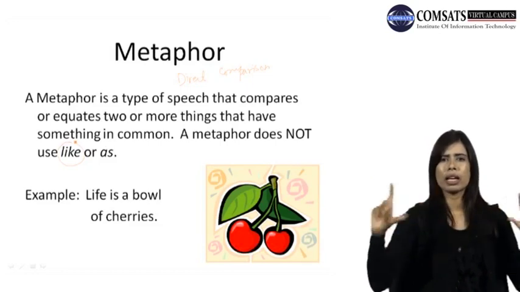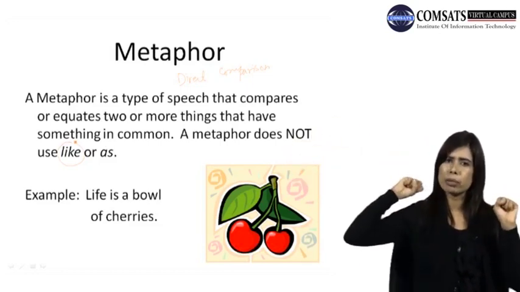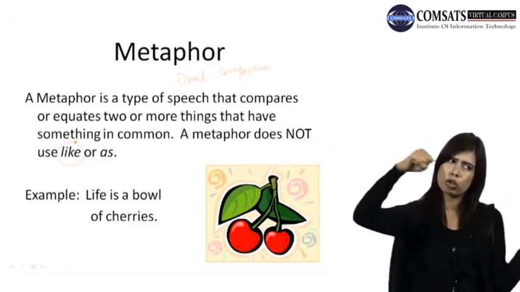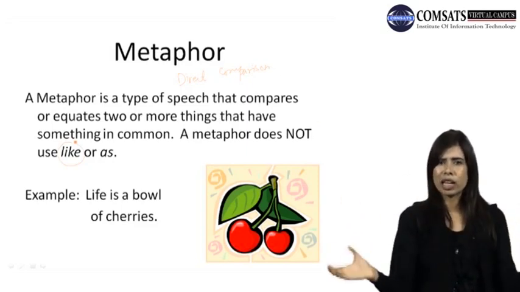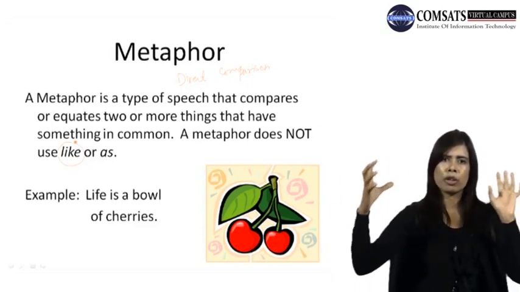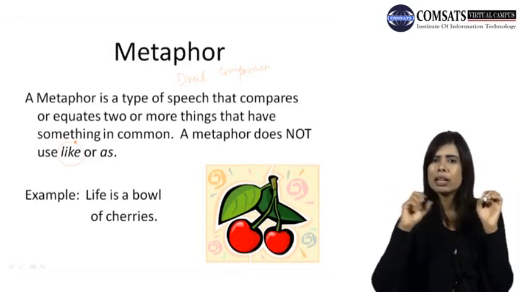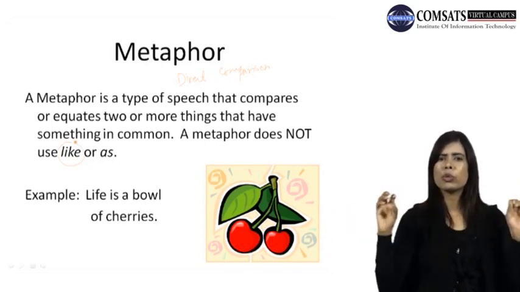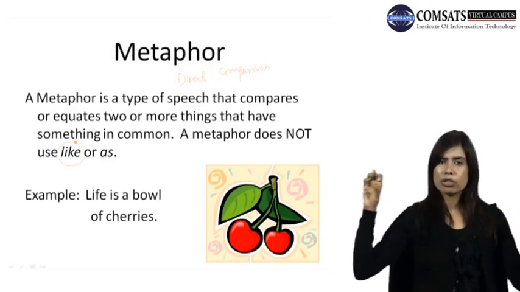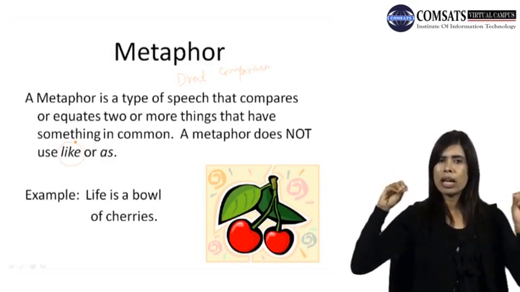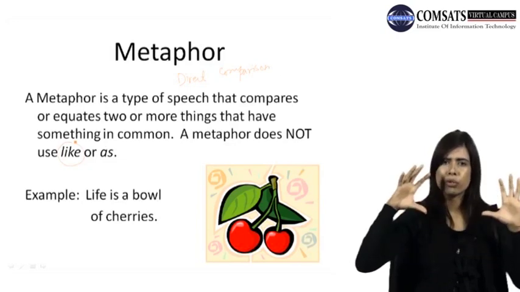If we say he is like a lion, we are taking some of the attributes of a lion and giving them to that person. Maybe he is brave like a lion, maybe he has leadership qualities like a lion. Not all the attributes. But when we say he is a lion, definitely this is a metaphor and this is a direct comparison of two things.